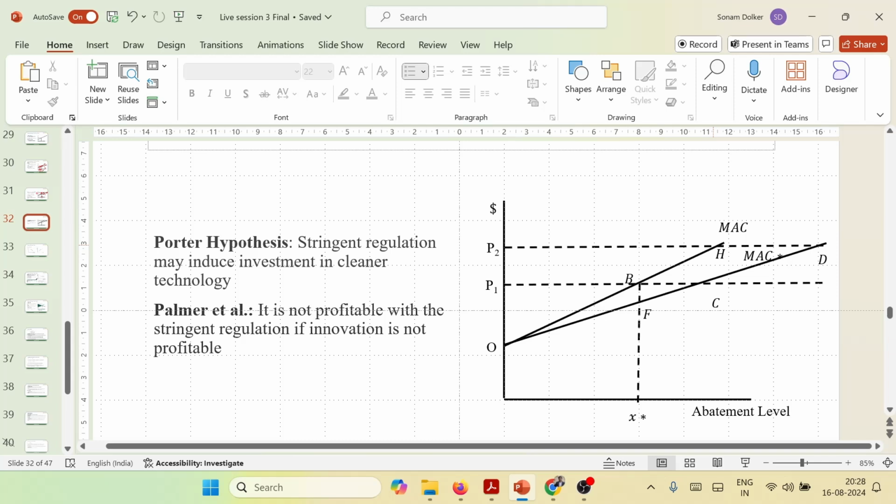That's what it is saying, correct? So what Palmer is saying is that organizations have to be naturally innovative to adopt technology.